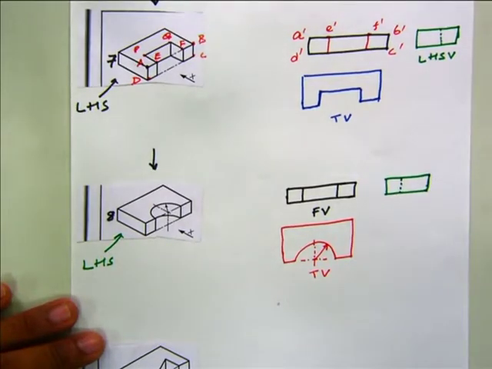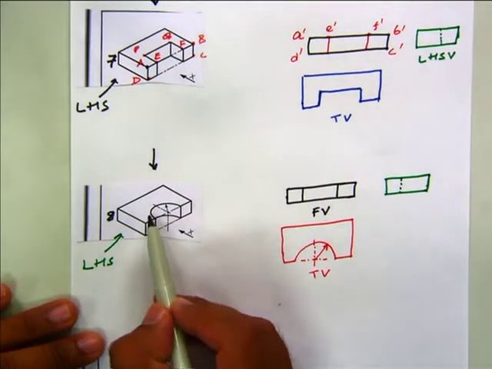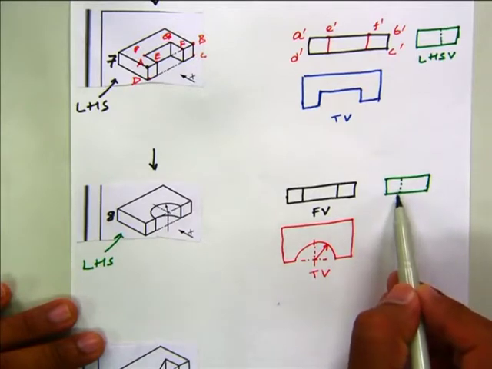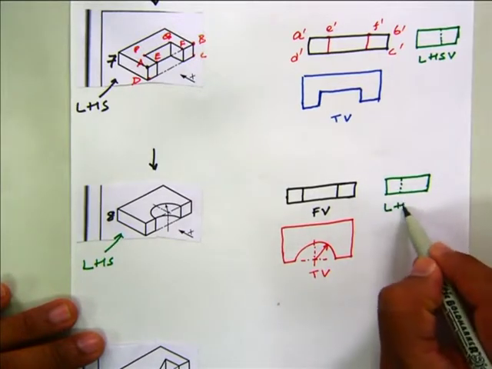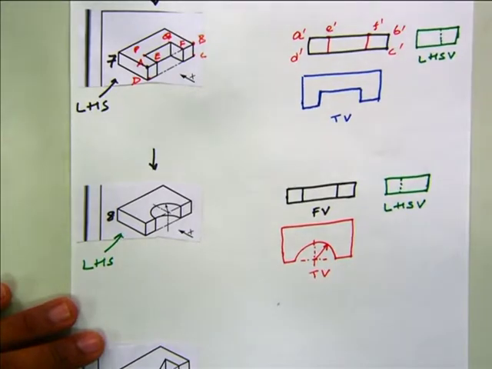In the left hand side view, you cannot see this, that is why this is the hidden line. This is your left hand side view.